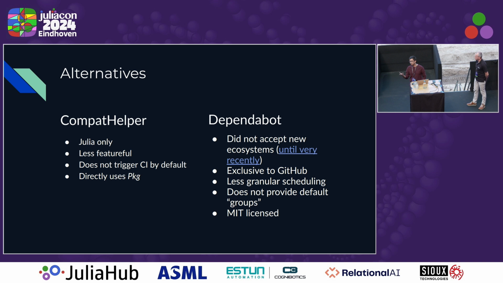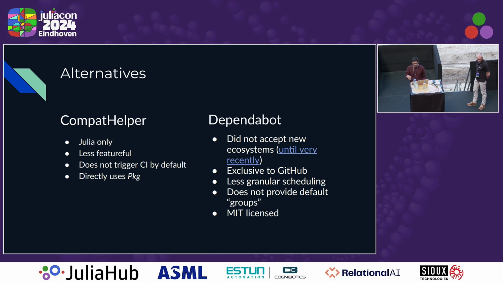Being GitHub exclusive means that you also can't run it on other CI platforms. So basically, people who run things on GitLab and Atlassian and so on don't have access to something like this. It also doesn't provide default groups, which makes it harder to run it on mono repos. And CompatHelper is Julia only.